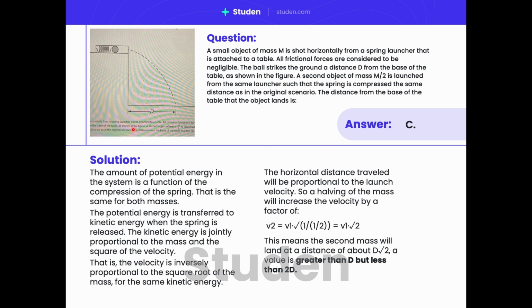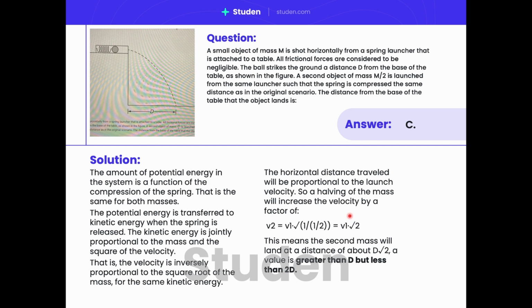So the velocity is inversely proportional to the square root of the mass for the same kinetic energy, like in the picture. The horizontal distance traveled will be proportional to the launch velocity.